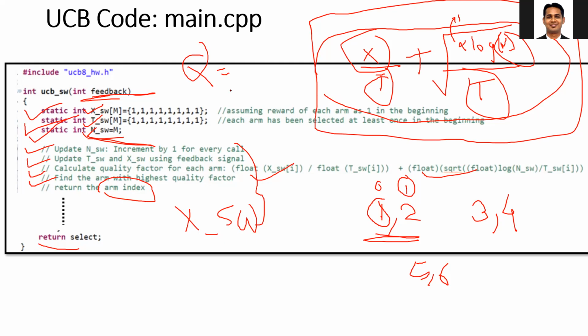Most of the arms will have a very similar integer part, but they differ in the fractional part. So don't use AP int for the Q calculation. For XT and N representation, you can use integer or AP int, but for representing Q, you need to use AP fix.